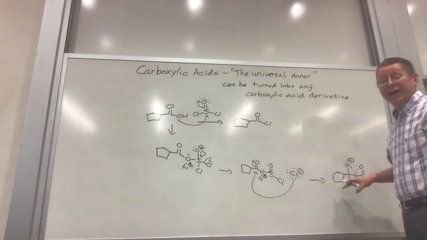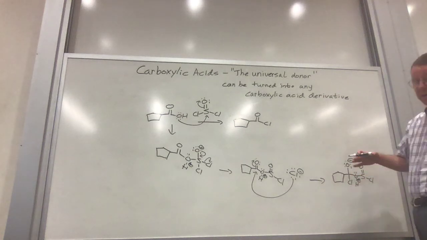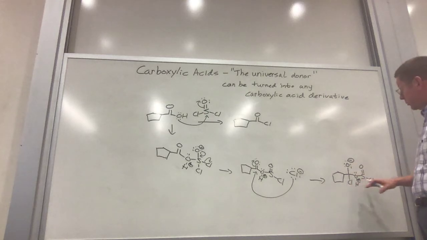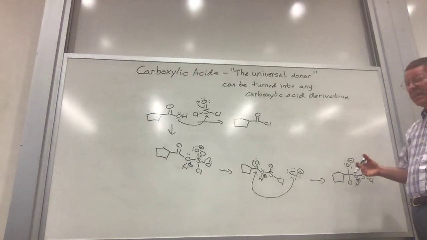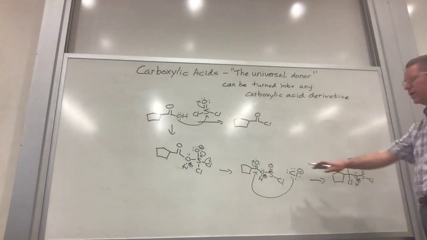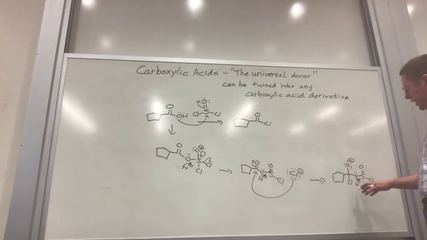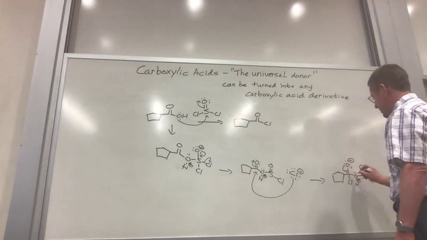And at this point, I have something that looks really strange. I've got chloride. Usually think about that as a leaving group, but I also have something that has a protonated oxygen, usually a leaving group. Well, let's pick the part that we just didn't just add. So in essence, this section, and use that as our leaving group.